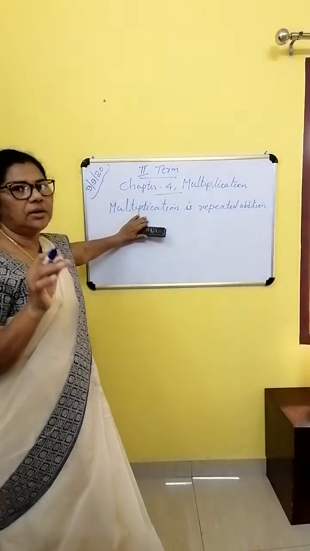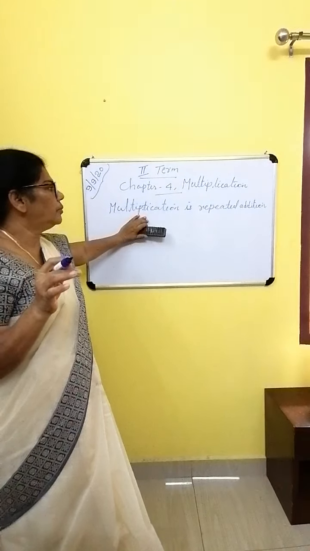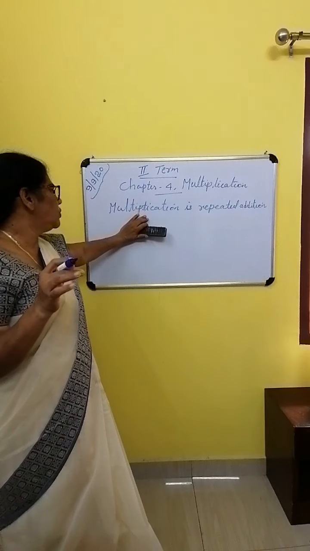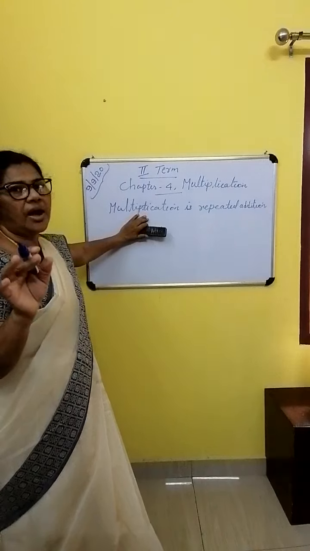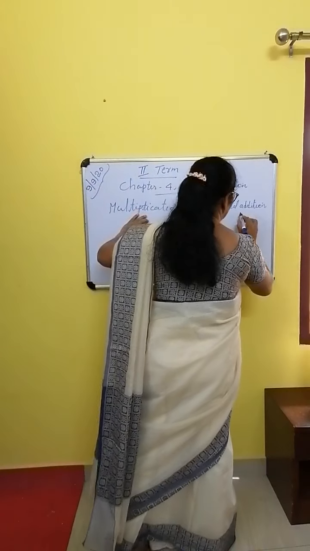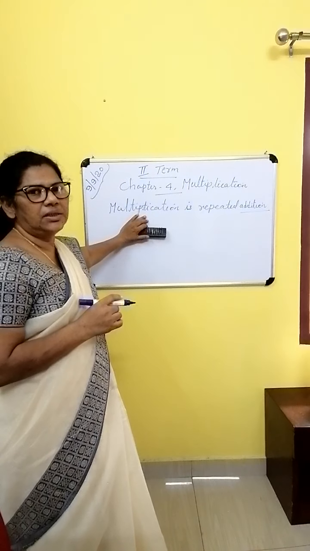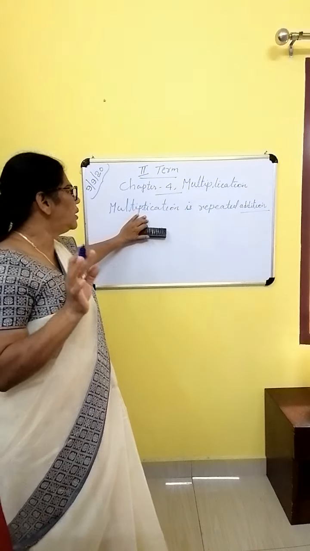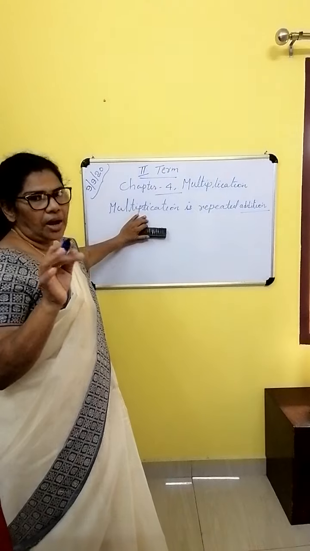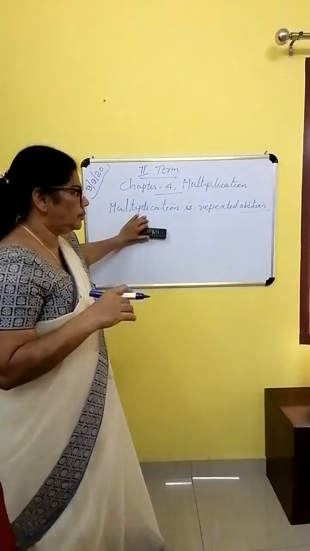This sentence you should write in the notebook also. It will come for the exam also. Multiplication is repeated dash. Addition, subtraction, division: which is the answer? Addition. Multiplication is repeated addition. Don't forget.